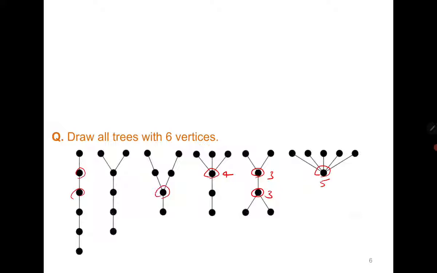Here there is a vertex with degree 3, and there also a vertex with degree 3, but this degree 3 vertex is adjacent to only one degree 2 vertex, but this degree 3 vertex is adjacent to two degree 2 vertices, and therefore all of them are non-isomorphic, and of course there is no other possibility. The first one is the path graph, and the last one is known as the star graph.